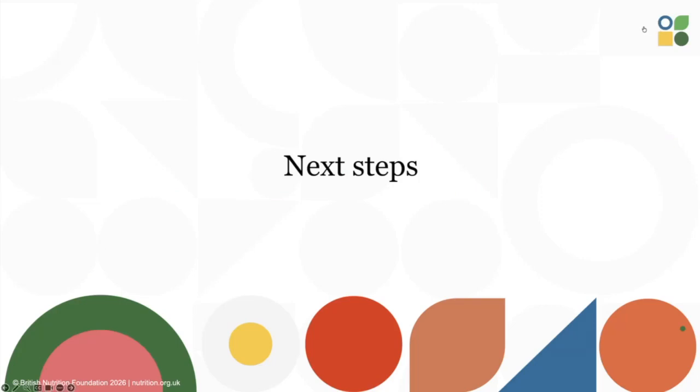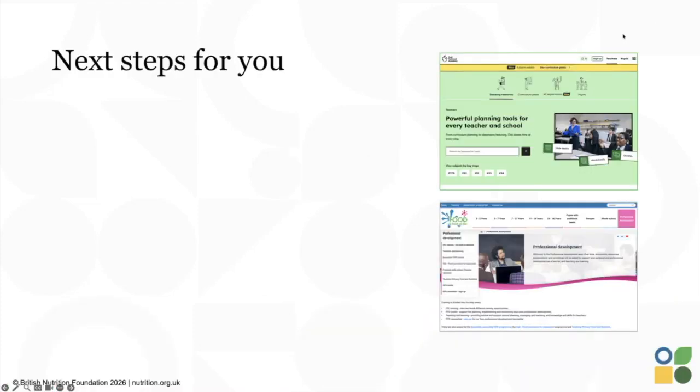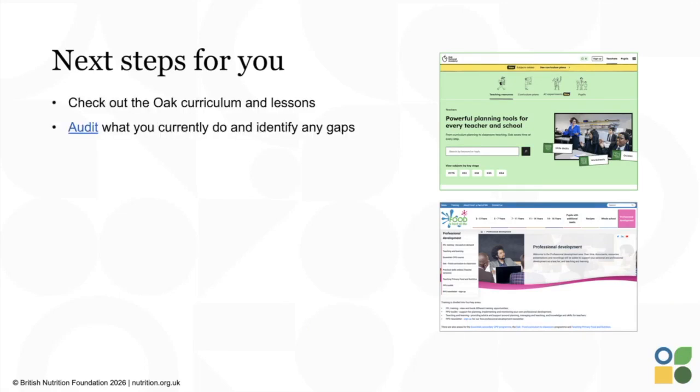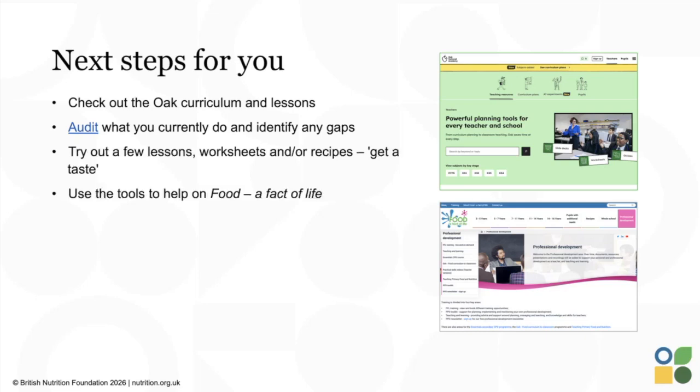Brilliant. Thanks, Roy. And thank you again, Sam, for your outlining of the curriculum principles. Really, really good to hear. So some next steps for you. Do check out the Oak curriculum and lessons. Just have a look, see which ones might suit you and your particular pupils and your setting.